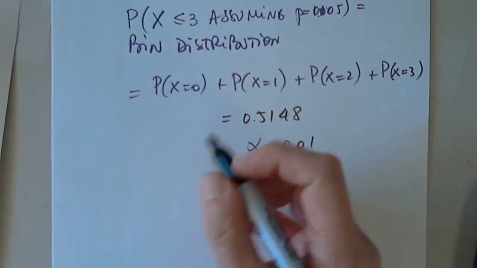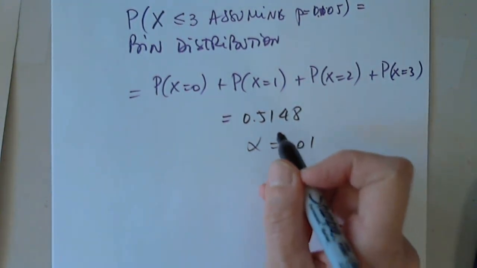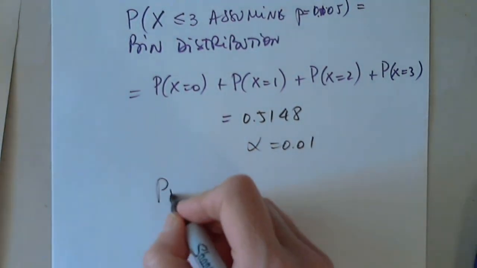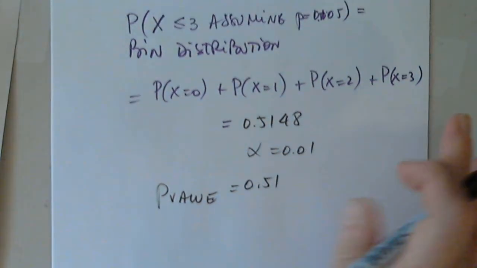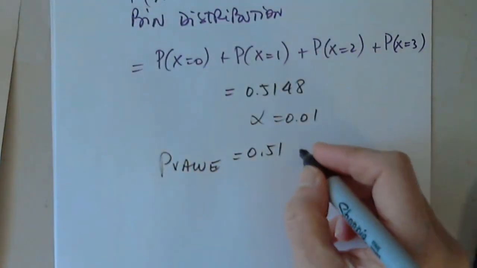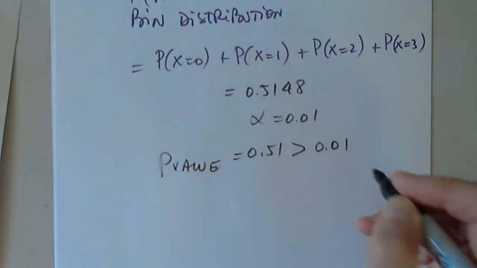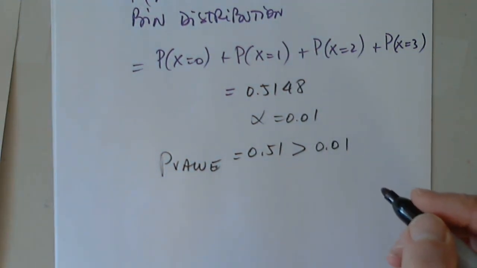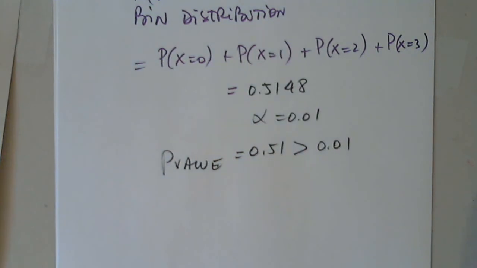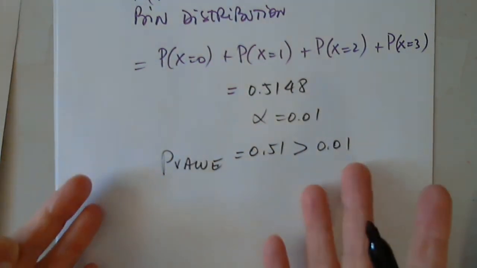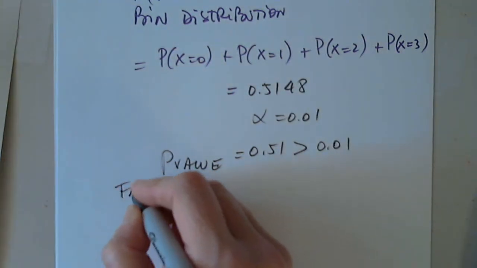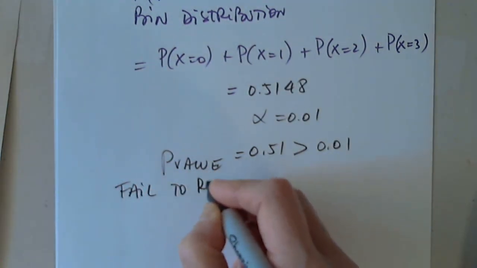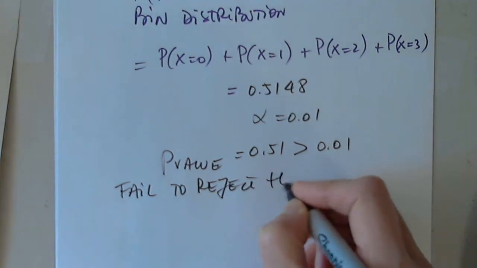Because this is the actual p-value, the p-value equals 0.51, which is definitely greater than 0.01. I will say that we cannot reject. P-value is not less than alpha. So we fail to reject the null hypothesis.